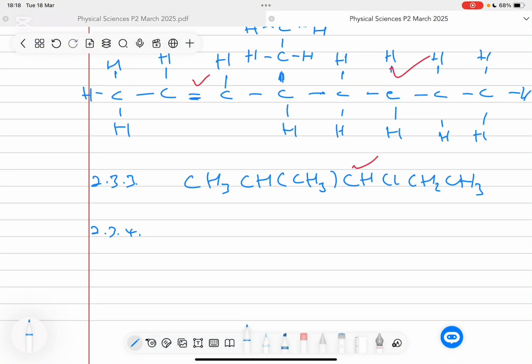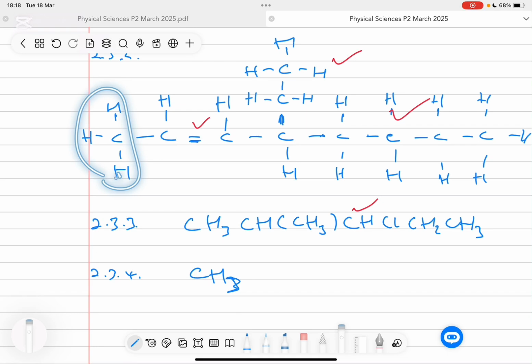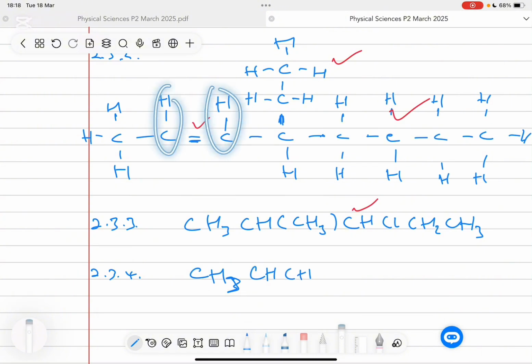Now when we go through that structure, which is this one here, we start off with CH3. So we have a carbon attached to 3 hydrogen atoms. We then have the CH. So here we have the CH. We also have another CH. So we have this CH and CH.